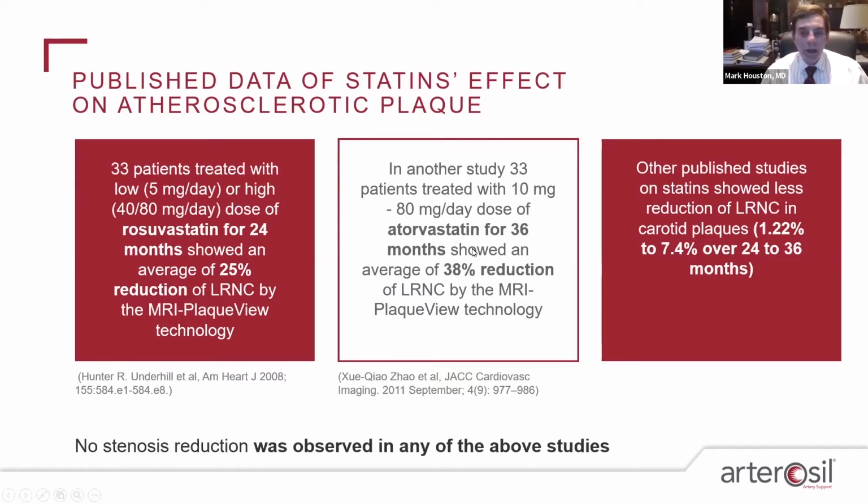So I think there are probably different methods, or different mechanisms, I should say, by which statins work compared to ARTEROSIL. And I guess the real question is, what would happen if we used combination therapies in the future? We might get even some more dramatic results. And those studies obviously have not been done, but need to be done.